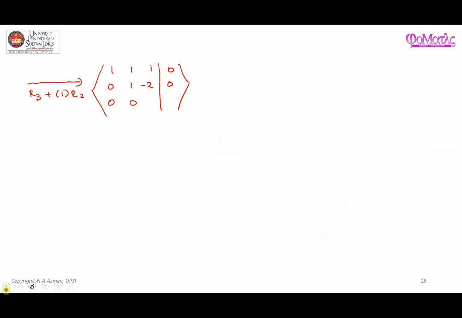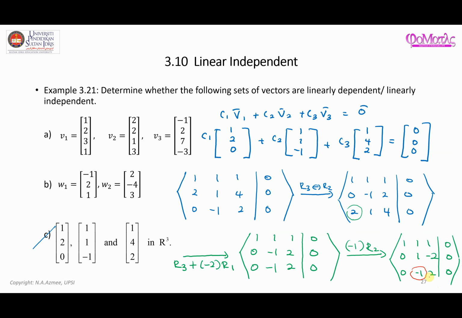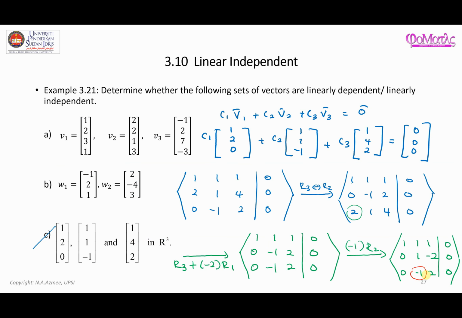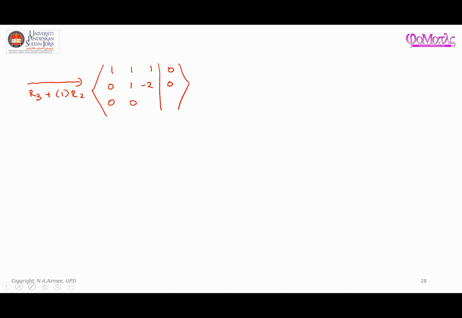And here, 2 plus negative 2 times 1 is 0. So 2 plus negative 2 is 0. Here is 0. Okay, so there we go. We have this simplified version of our augmented matrix.